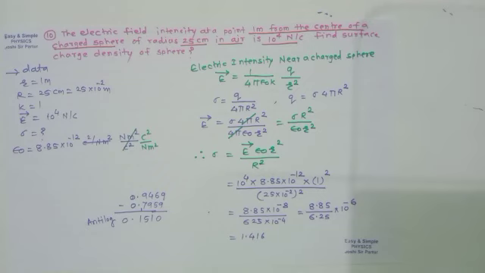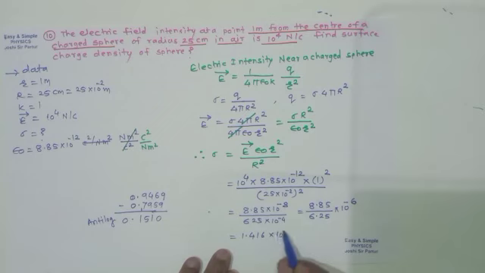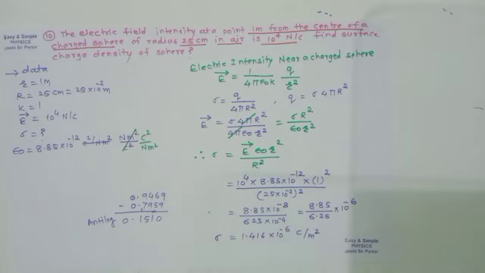So 1.416 into 10 raised to minus 6 coulomb per meter square. That is the answer for the given example: 1.416 into 10 raised to minus 6 coulomb per meter square.